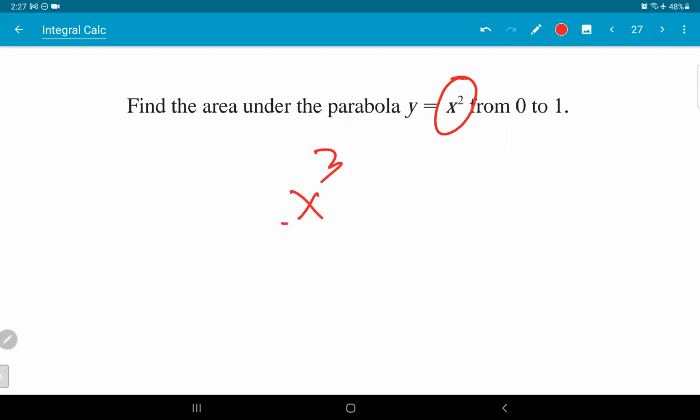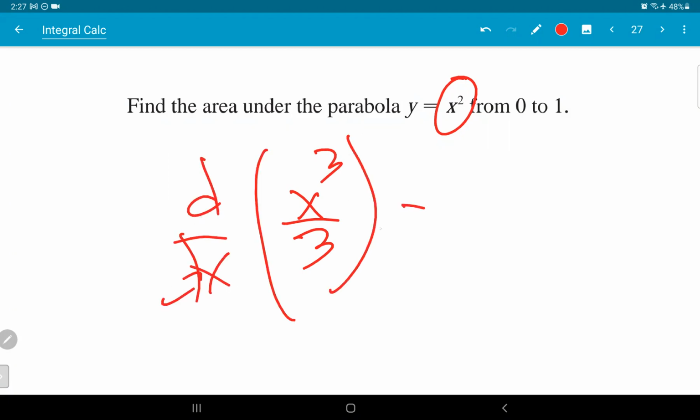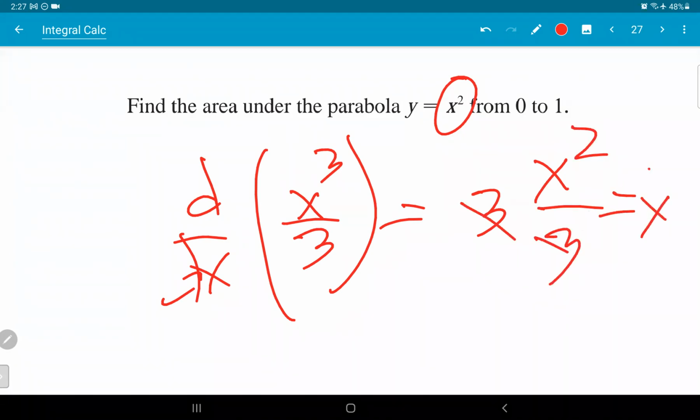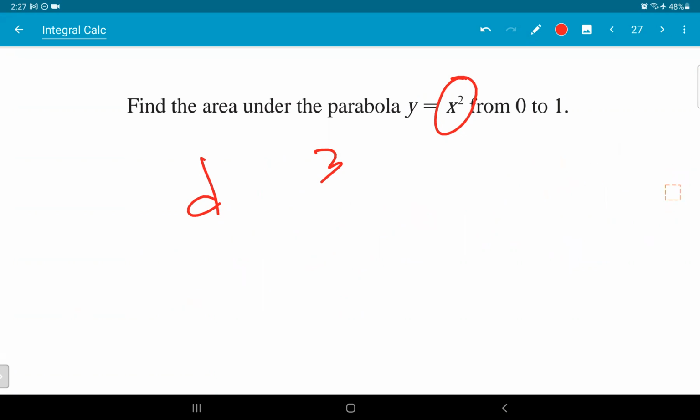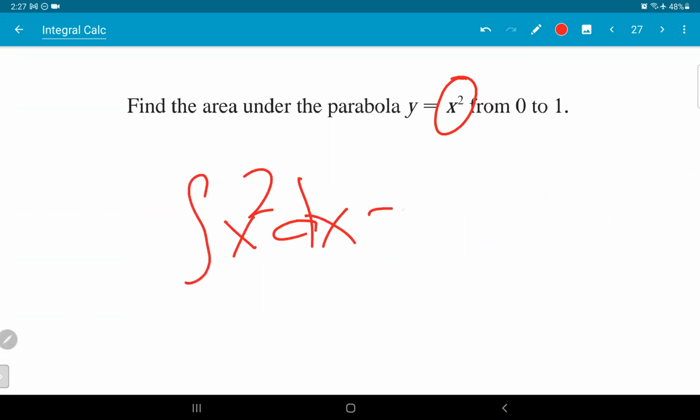Why x cubed over 3? Because if you differentiate x cubed over 3, you bring down the exponent, subtract 1, and you get x squared. Any antiderivative. In fact, there are infinitely many antiderivatives. So in the language of indefinite integrals, we say the integral of x squared dx is x cubed over 3 plus c.